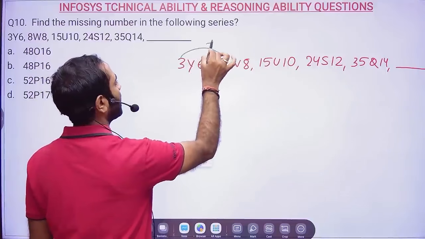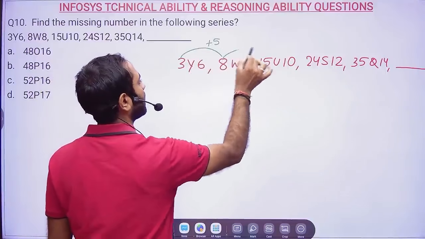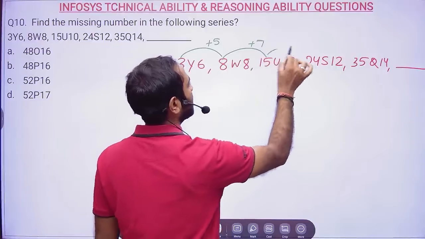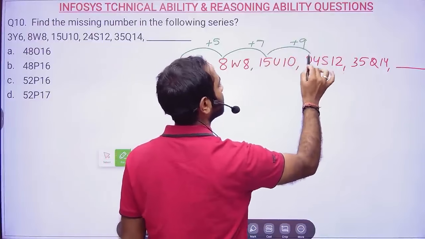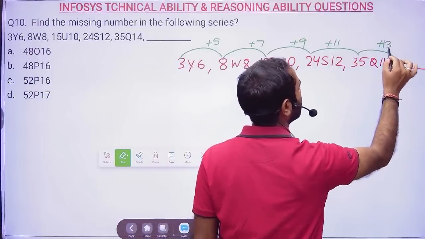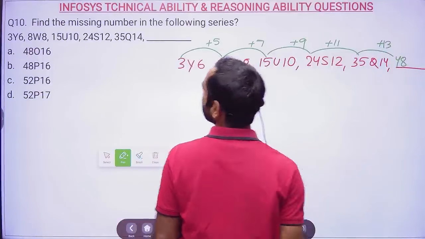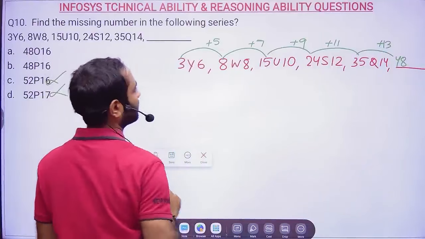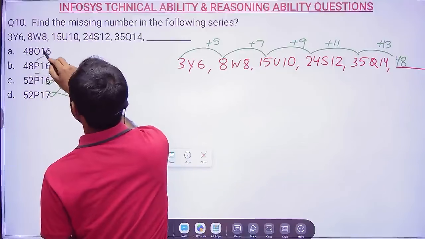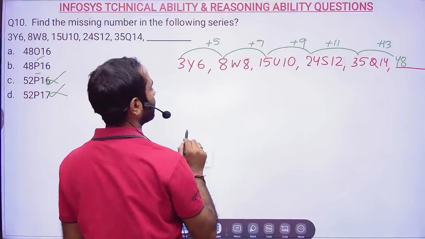So 3 plus 5 is 8, 8 plus 7 is 15, then it is 9, then it is 11, so next will be 13, so it is 48. So option C and D are eliminated. After that, if you find whether it is O or P, then our problem is solved.